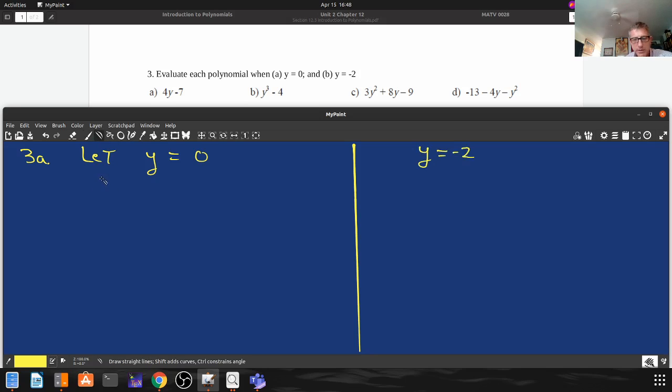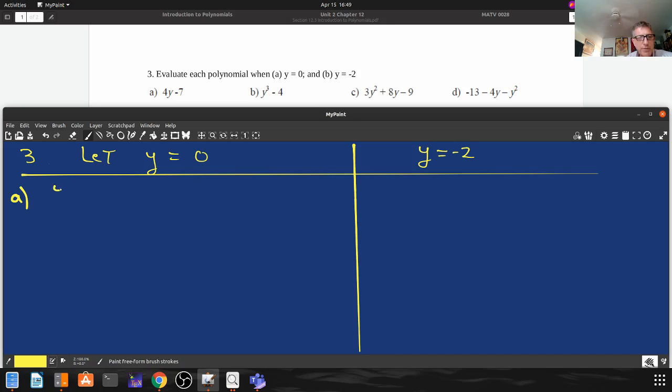And what we're going to do is evaluate polynomials. So this is just going to be number 3. We're going to evaluate polynomials with the value y equals 0 and y equals minus 2. So let's start with A.